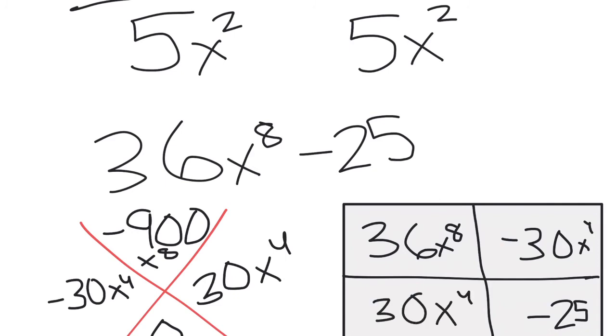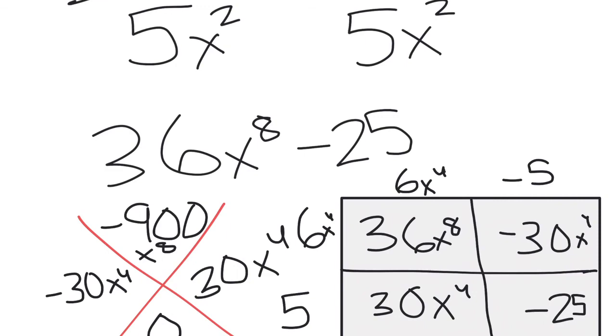We're going to do the same thing where we figure out how the numbers equal what. So over here with 5 and 6x to the 4th, and then 6x to the 4th minus 5, and then negative 5.